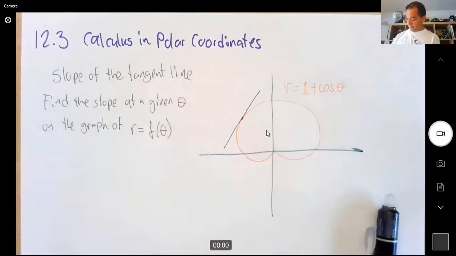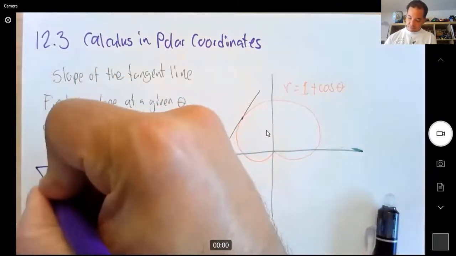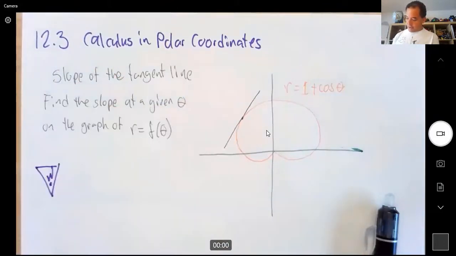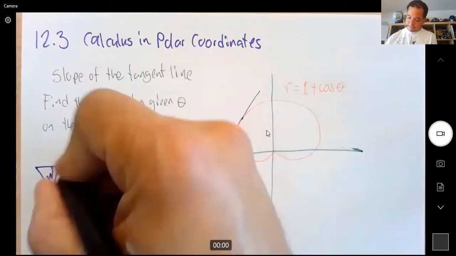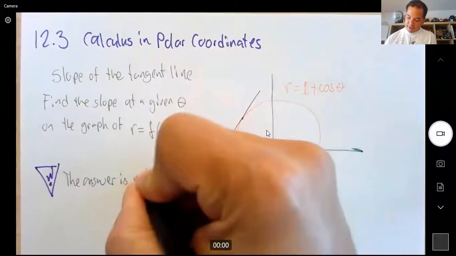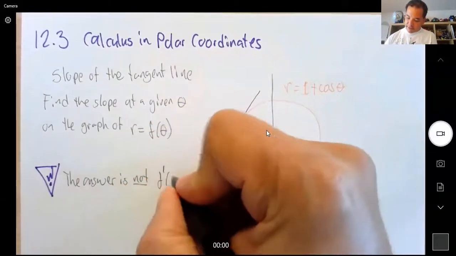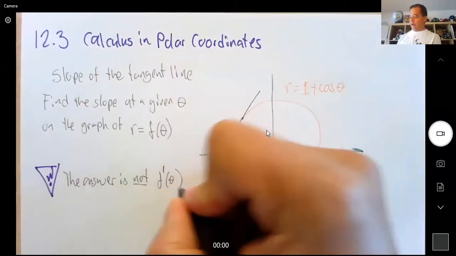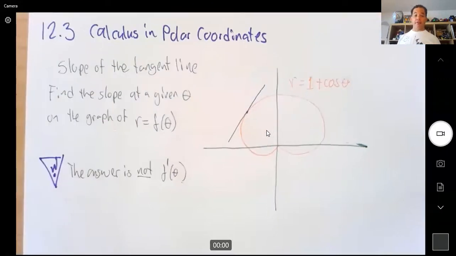So let me put it over here as a warning: the answer is not f prime of theta. So don't expect it to be as simple as that.